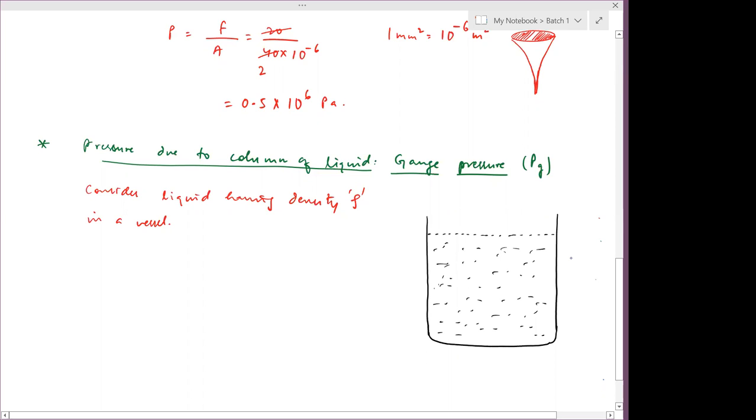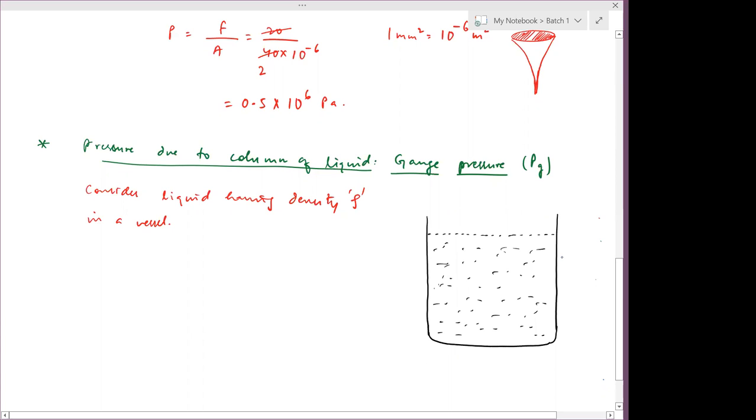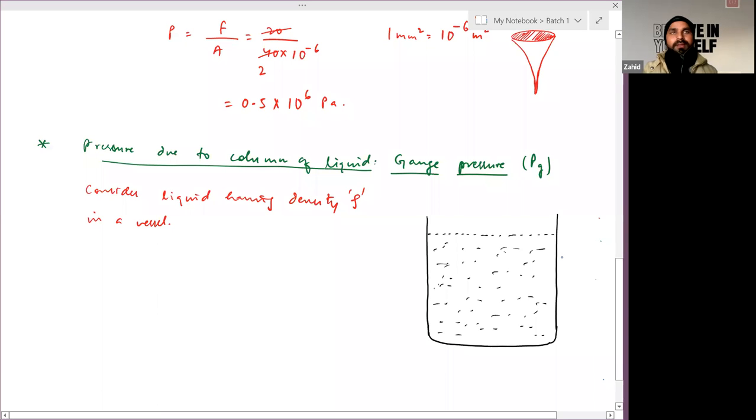Sir, because there is space between the particles. No, just say, since we are at room temperature, which is more than 0 Kelvin, every particle at a temperature greater than 0 Kelvin will have some thermal kinetic energy. So they will always be in motion, and due to this motion they will exert some pressure on the side wall as well as the bottom.